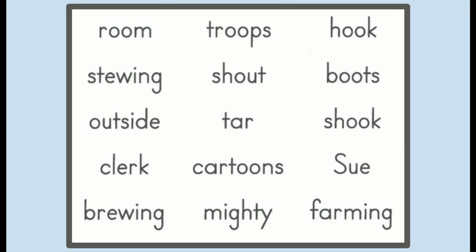Now we're going to sound these out and say them fast. Notice that the oo sound like in room is the same as the long U sound, oo. Room. Oops, troops. Hook. Ooing, stewing. Out, shout. Boots, outside.